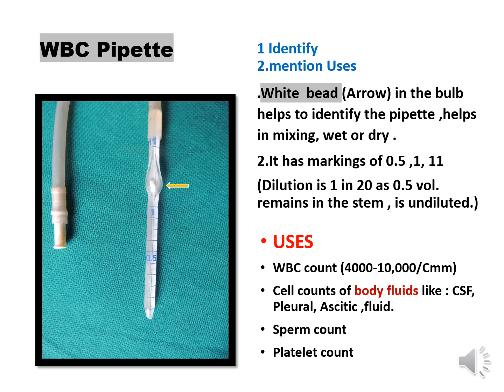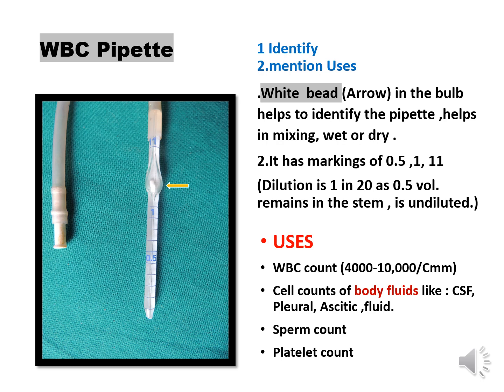So you let it dry and then collect the sample. The markings on the tube are 0.5, 1 and 11, so that the dilution factor is 1 in 20, because the blood up to 0.5 volume remains in the stem and does not take part in the dilution.